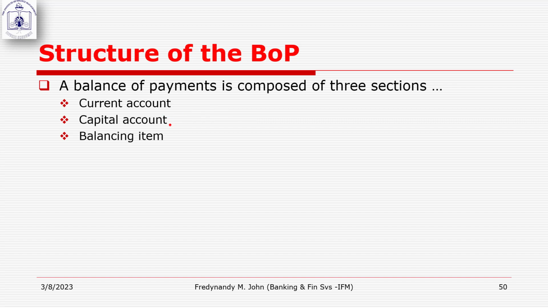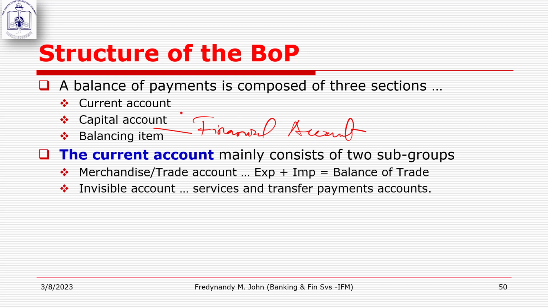That is, the current account, the capital account, and after the capital account, they consider another account called the financial account. But in this session, we're going to cover all these 4 accounts. Don't worry.